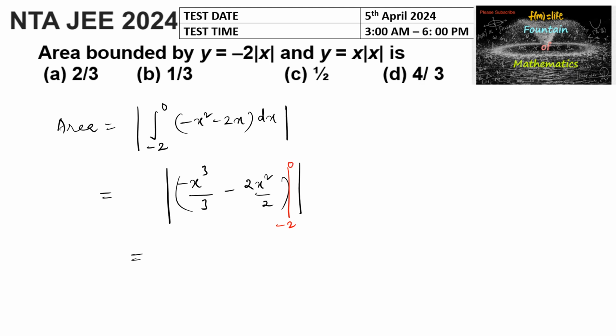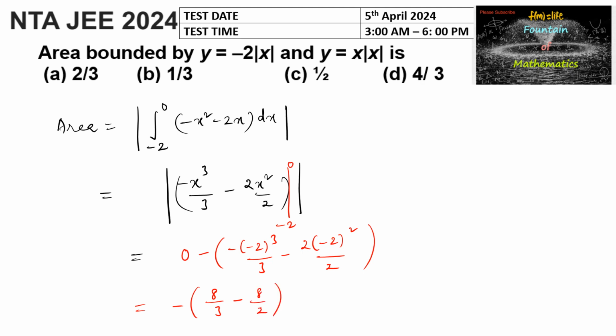So the upper limit 0 gives 0 upon 3 minus 0 square, which is 0. And for the lower limit, we consider minus of minus 2 whole cube divided by 3 minus negative 2 whole square, which is equal to minus of minus 8 upon 3 minus 4, 4 2s are 8.